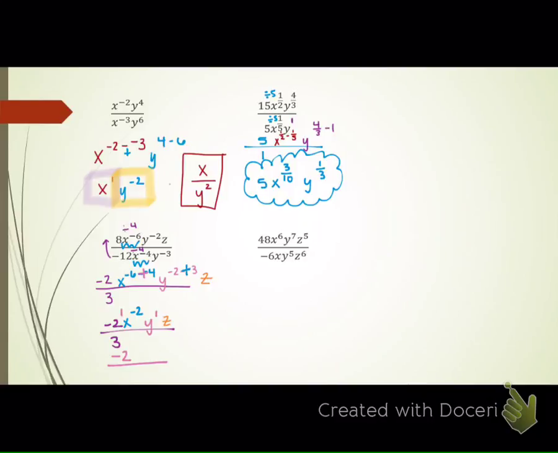So it would be negative 2yz over... Does this 3 move? It has a positive 1 exponent. Does it move? No, so that's 3, and then you have what else in the denominator? What happens with this x to the negative second? So what's in the denominator? But you moved it, so would the power be negative anymore?